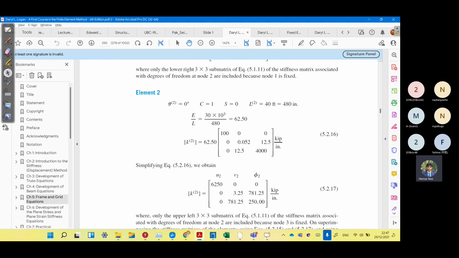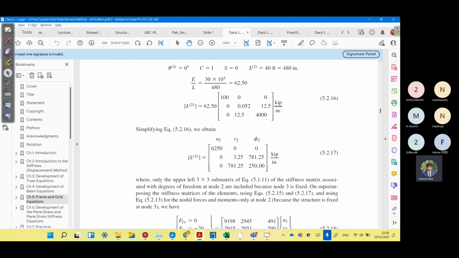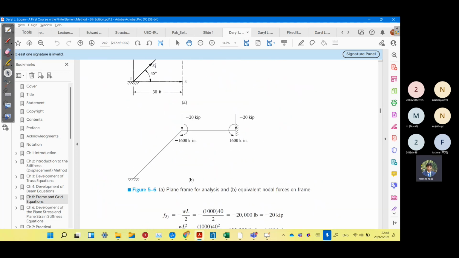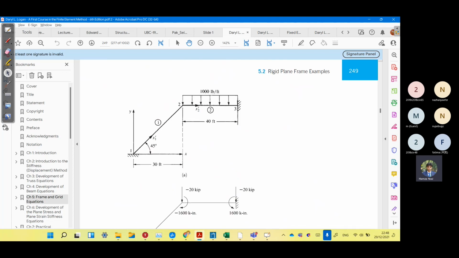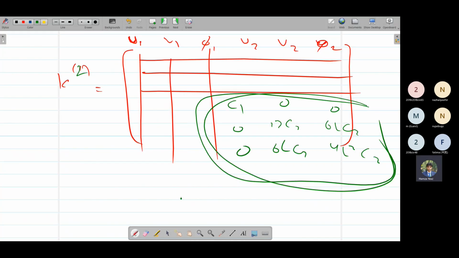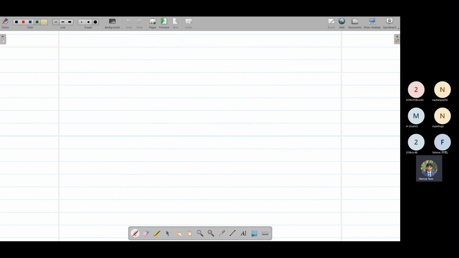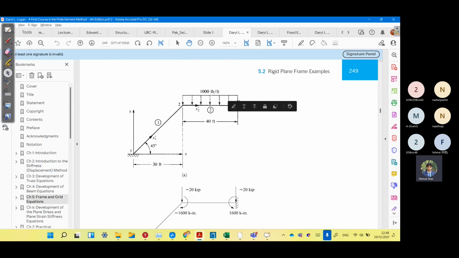After calculating both stiffness matrices, we know the reduced stiffness equation would be this. This is the elemental stiffness matrix. Second is global. We do not need to write the full global stiffness matrix. It would be 9 by 9 because there are 3 degrees of freedom at each node, but we do not need to write it. We can only write 3 by 3 at node 2, which are the unknowns.